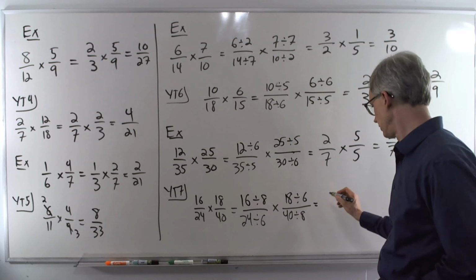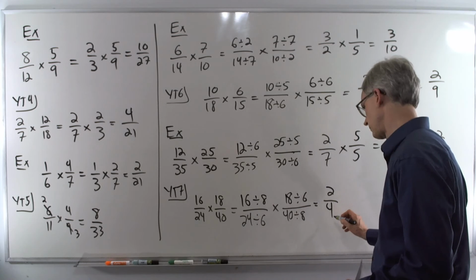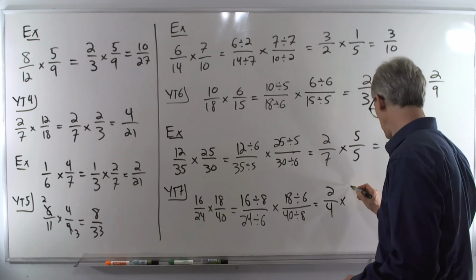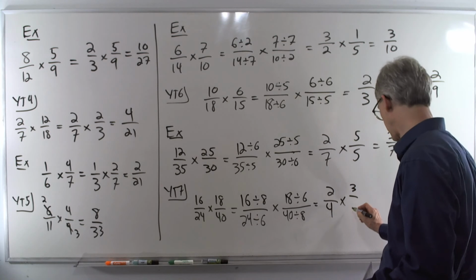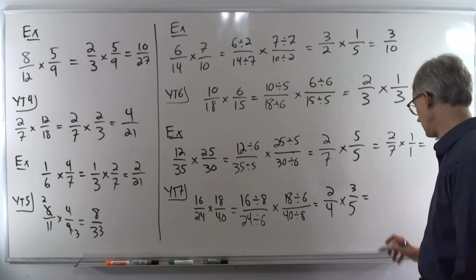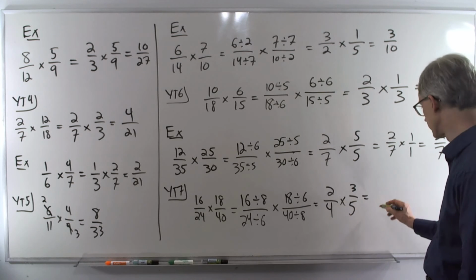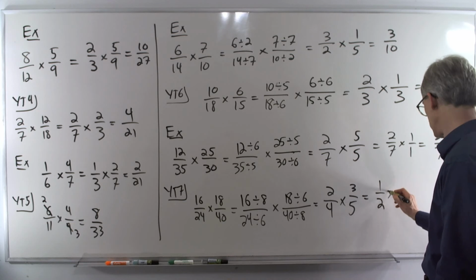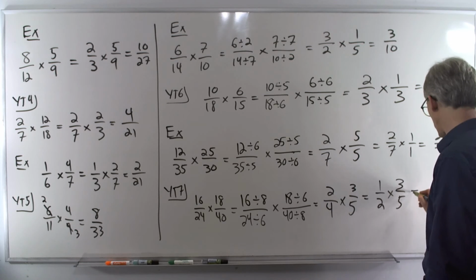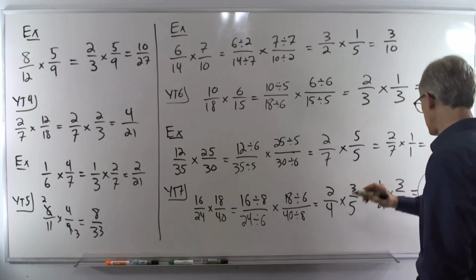So this turns into 2, 4, 3, and 5. All right, so looking at this, we have one fraction here that can be simplified. 2 over 4 turns into 1/2. So we got 1/2 times 3/5, and that is 3/10.